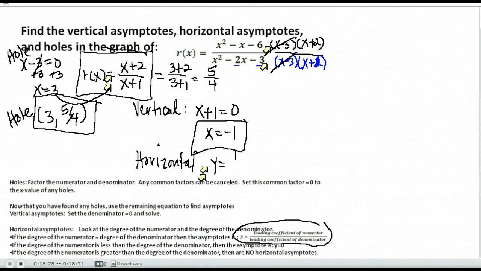So our leading coefficient is 1 for the numerator and 1 for the denominator. So we get y equals 1 is our horizontal asymptote. So we had a hole at (3, 5/4). We had a vertical asymptote at x equals negative 1 and a horizontal at y equals 1.